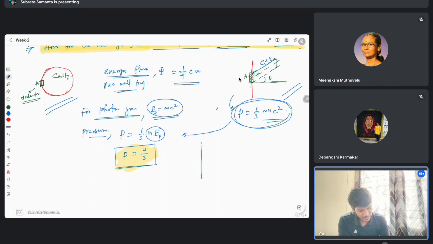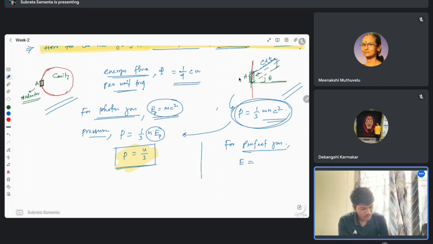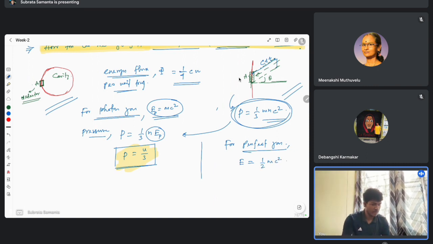But for ideal gas, for perfect gas, this is not the case. For ideal gas, what is the energy? It's half m v square, right? Half m, let's say, c square. So here the velocity is c.